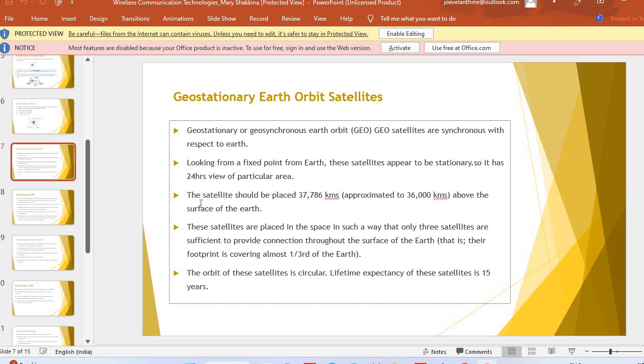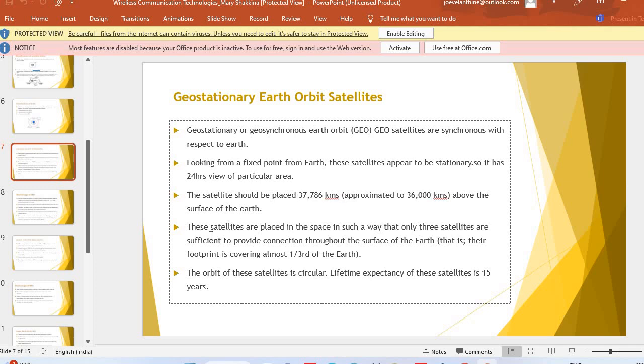Then the next point is that the satellite should be placed 37,786 kilometers above the surface of the Earth.